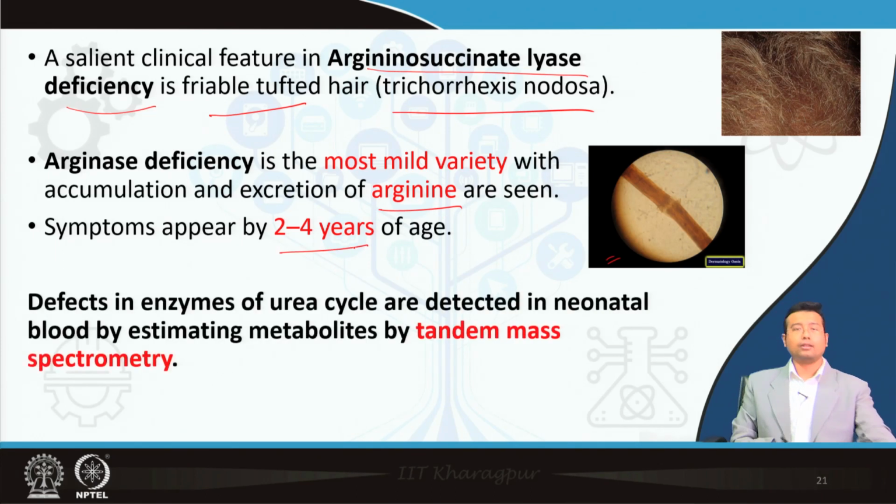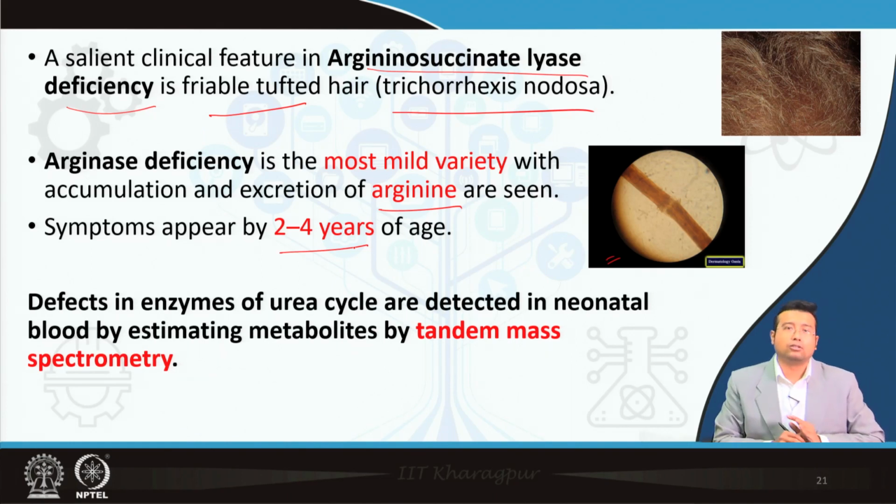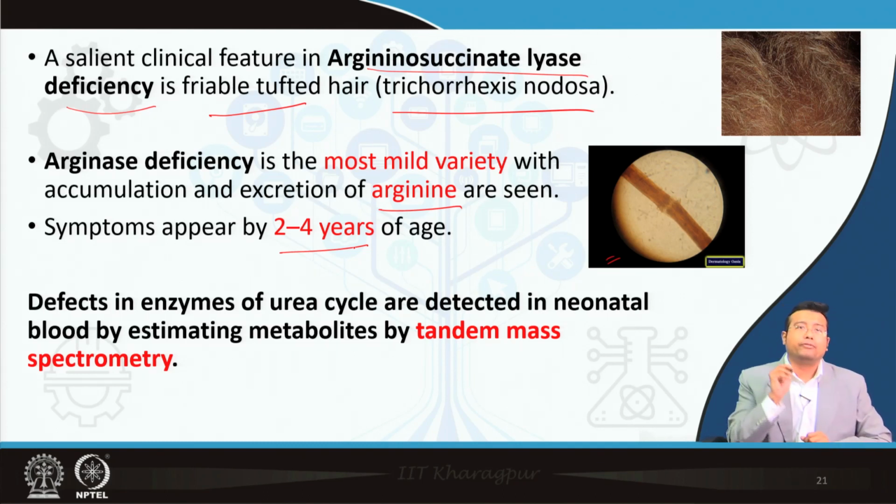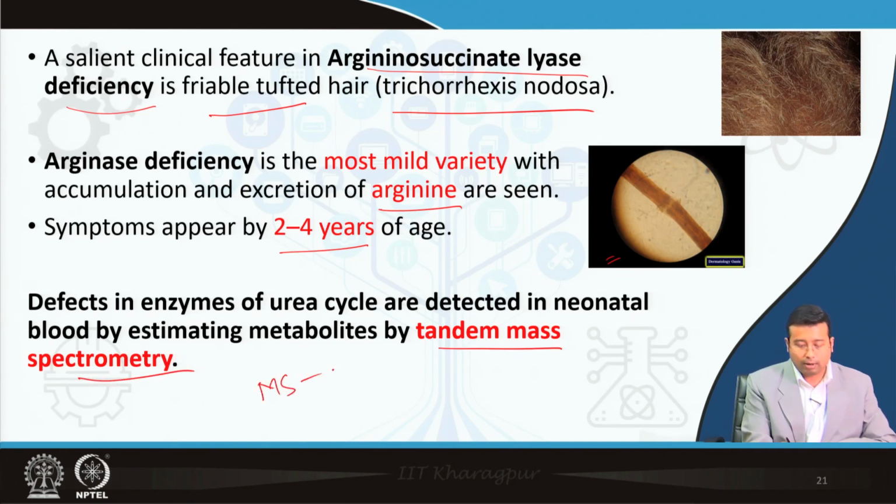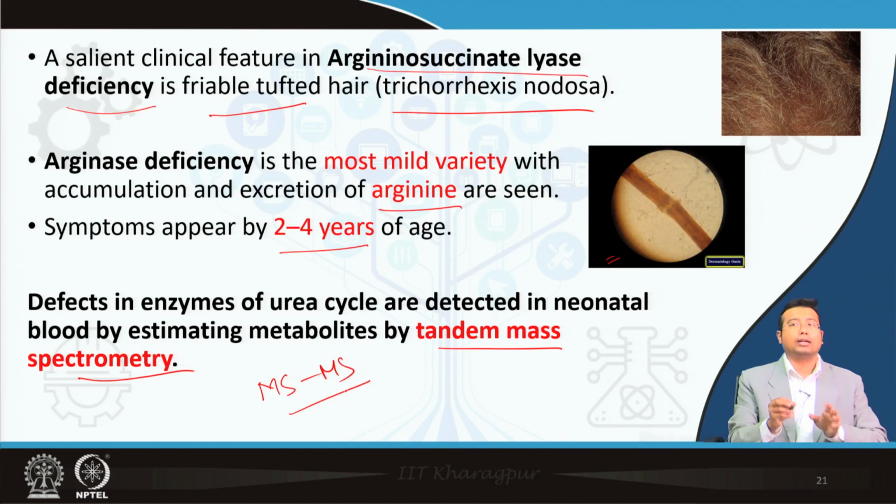So, how to diagnose these urea cycle disorders? Nowadays, the gold standard of detecting urea cycle disorders is establishing the metabolites using tandem mass spectrometry, where two mass spectrometers are coupled, or MS/MS.